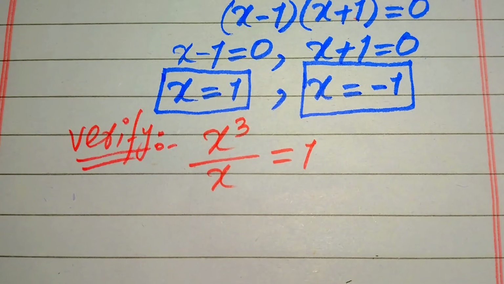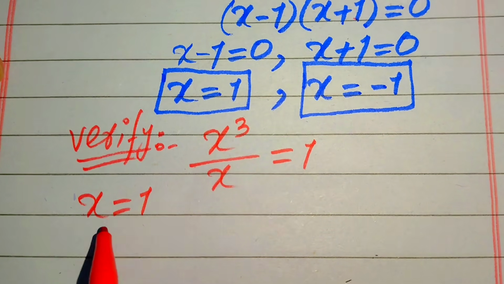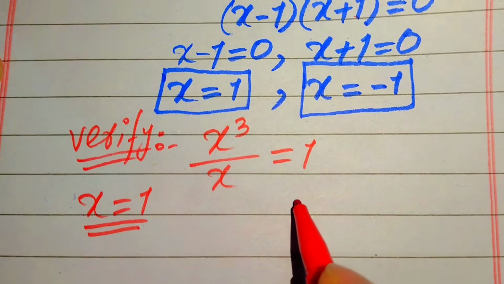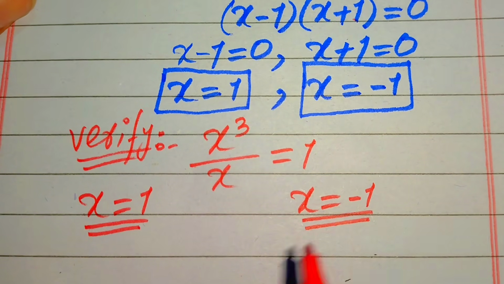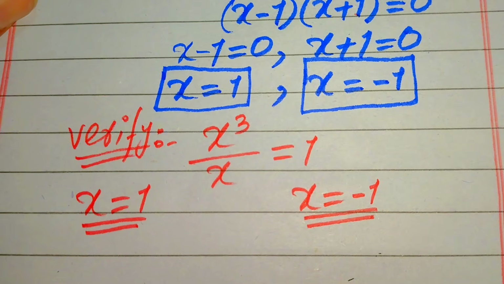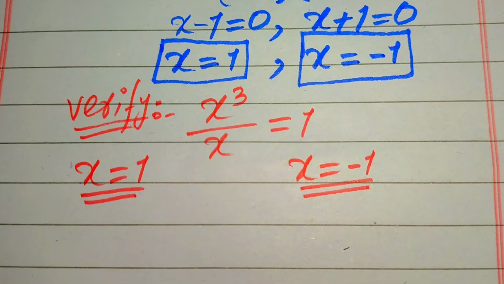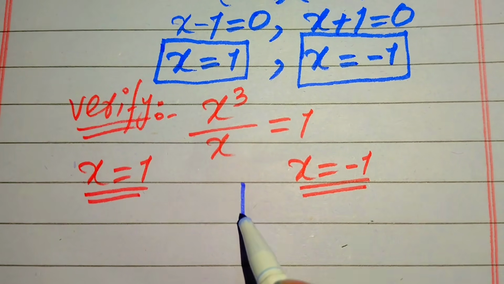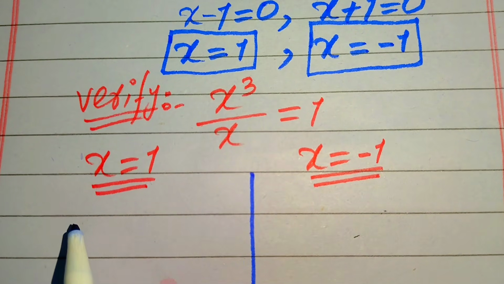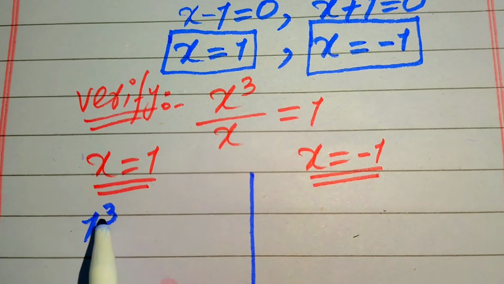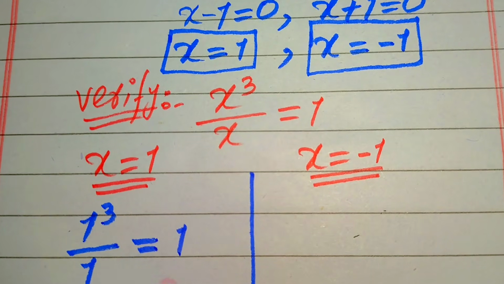On this side we will verify x is equal to plus 1, and on this side we will verify x is equal to minus 1. So first we focus on x is equal to plus 1. We put x equals 1 into the left hand side, and we get 1 cubed divided by 1 is equal to 1.